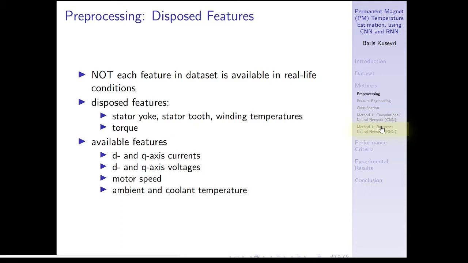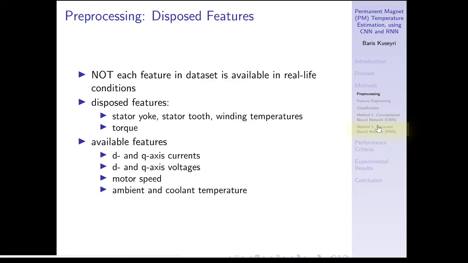Next, I disposed some of the features that are presented in the dataset. The reason behind this is that not each feature in the dataset is available in real-life conditions. So to make the solution more realistic, I only need to use the features that are actually available.